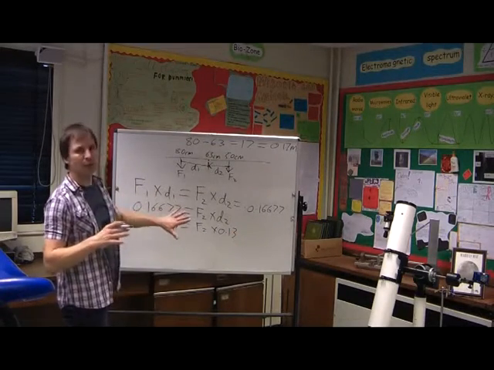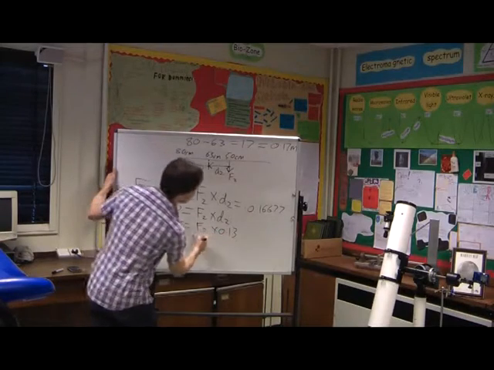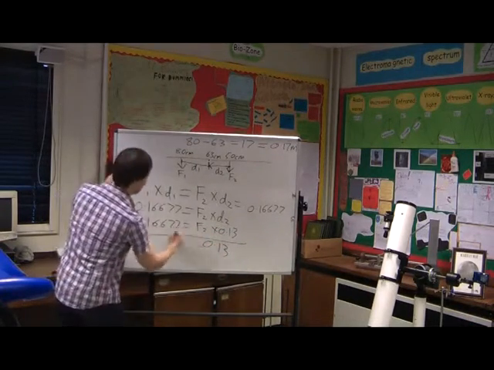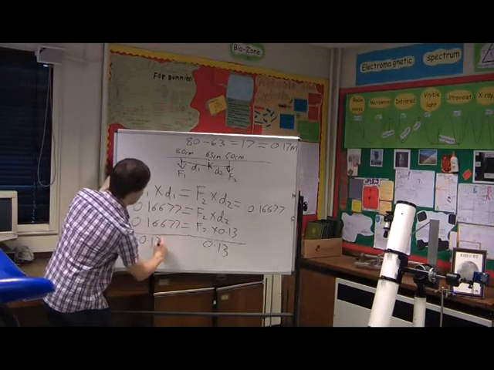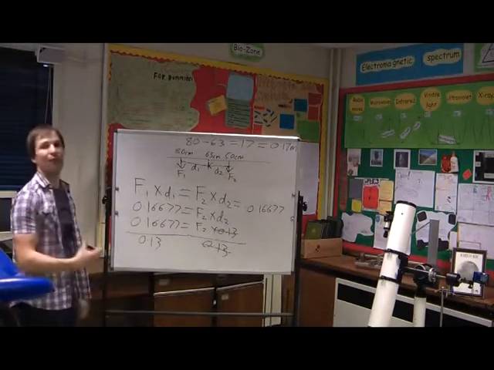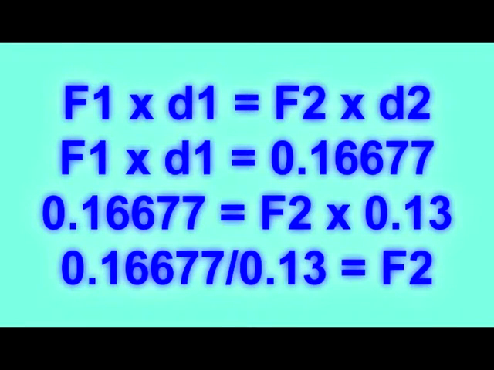We need to rearrange these equations. If I've got times on this side, we need to do the inverse, so we divide that by 0.13, which means we have to divide this side by 0.13. They cancel out. Have a go now and work out what the weight force of the rule is.